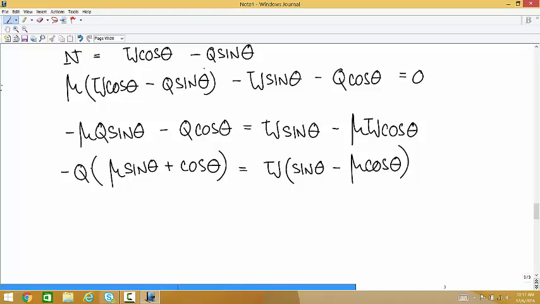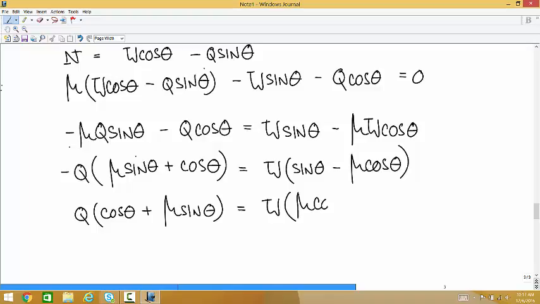Multiply both sides by negative 1. You get Q times, I'm going to rearrange these, but it's still the same thing, cosine theta plus mu sine theta is equal to W times the quantity mu cosine theta minus sine theta.